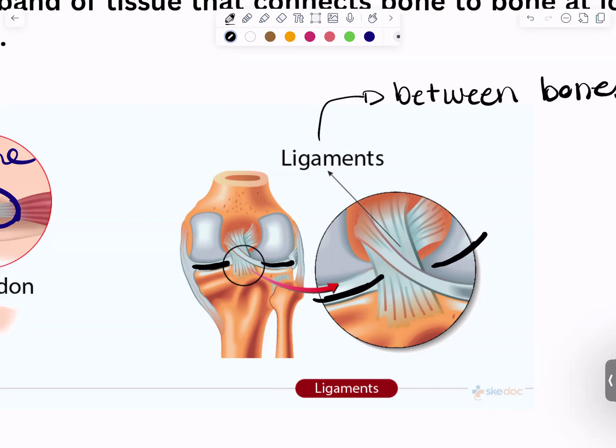Cartilage and ligament. You need a better picture.